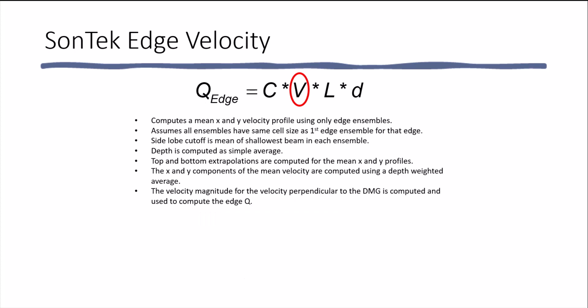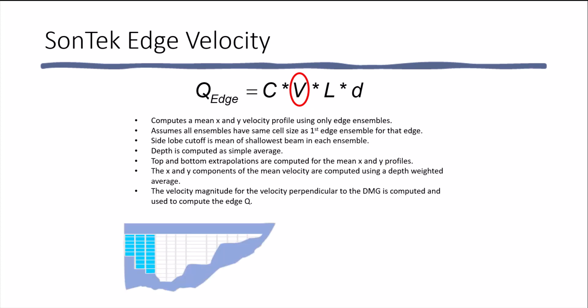SonTek uses a more complex approach. They compute a mean X and Y velocity profile using only the edge ensembles. It assumes all ensembles have the same cell size as the first edge ensemble of that edge. If all are invalid, it uses the first valid ensemble. The side lobe cutoff is the mean of the shallowest beam for all of the edge ensembles.